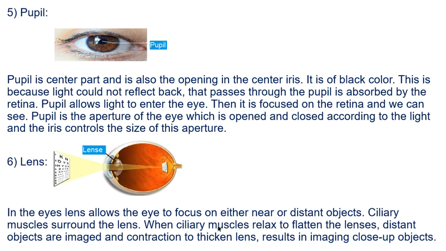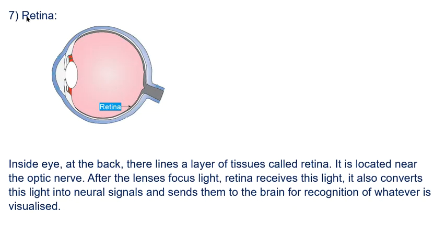Clear? Now moving forward, retina, a very important thing. In the diagram you can see the grey portion, this whole layer is the retina. Inside the eye at the back there lies a layer of tissues called retina.